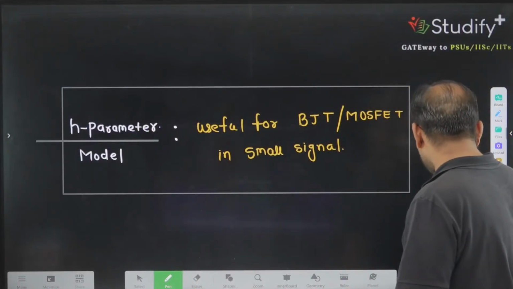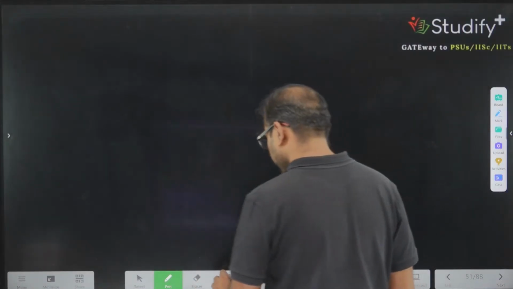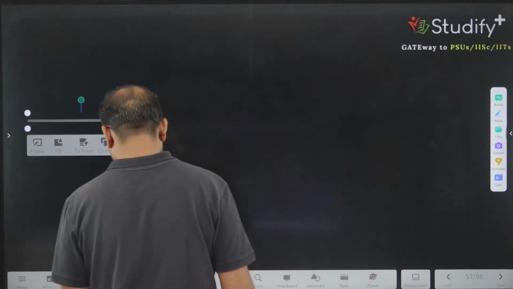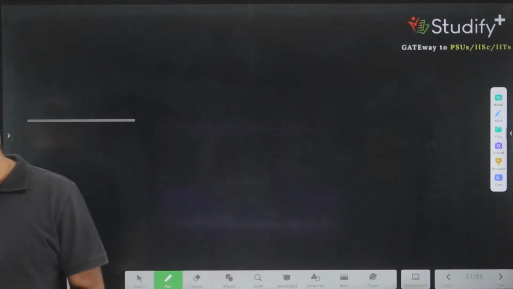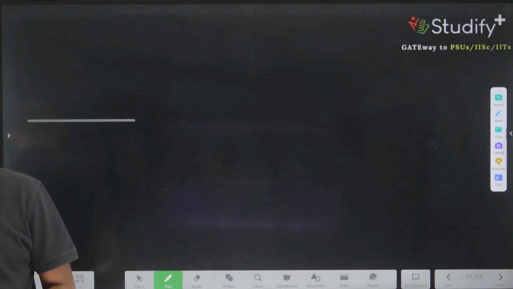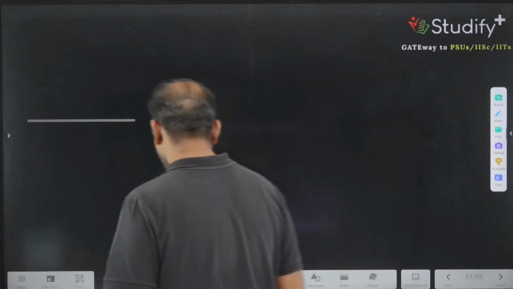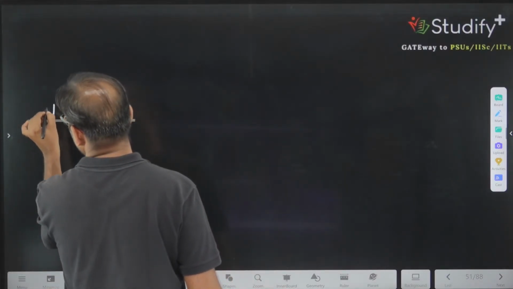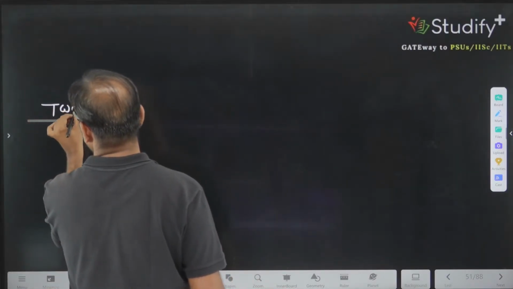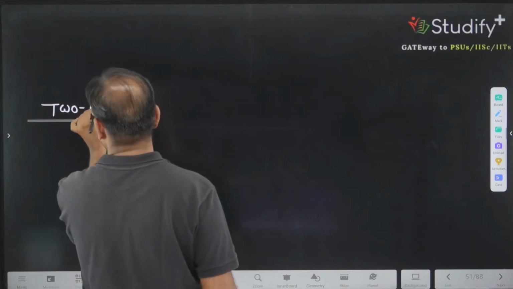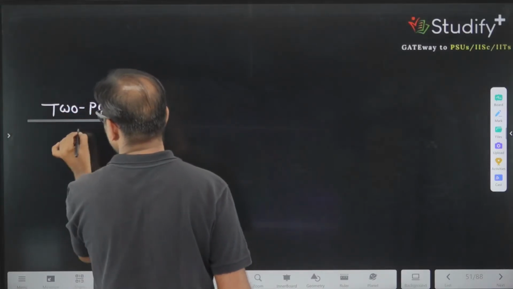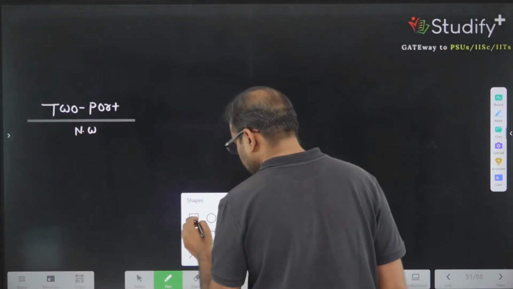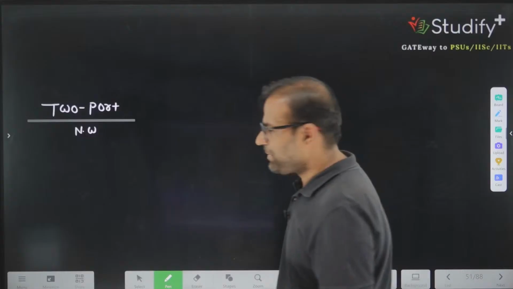We will define H parameter for our two-port network. So for a two-port network, what we can say? We can say that we have our standard procedure to define the two-port parameter.